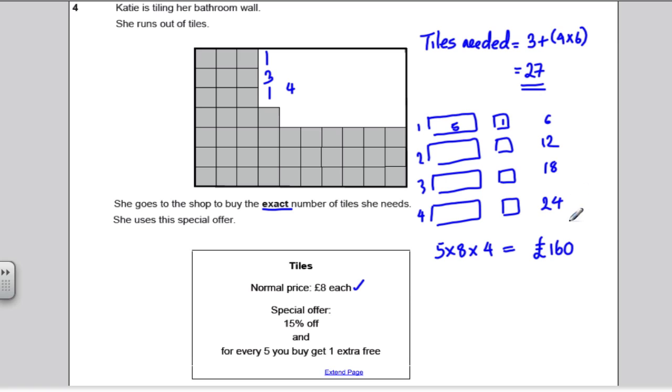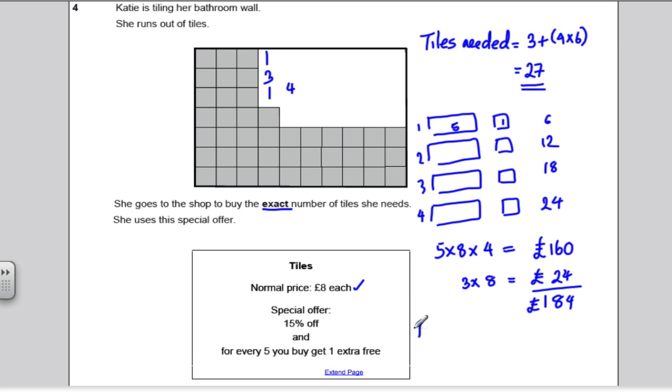Now, don't forget, we've still got to buy the remaining 3 tiles left over, so we've got to buy 3 tiles at their full price of £8, which would be another £24 on top. So if we add that together, we would get £184. However, today there's a special 15% discount off, so you get another discount at the end total. So this is our total amount.